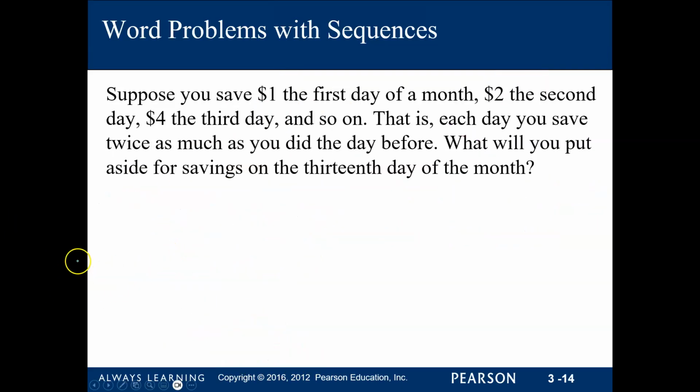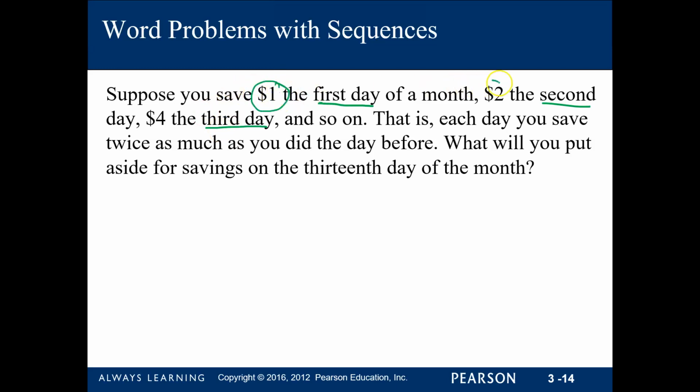All right, let's have the next one. So here we have your saving. Okay, you save $1 on the first day, $2 on the second day, $4 on the third day, and so on, okay? So what pattern are we looking at here? Every time that the day goes by, how much are we saving?